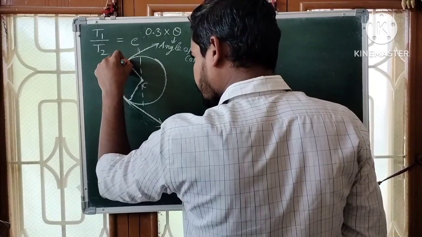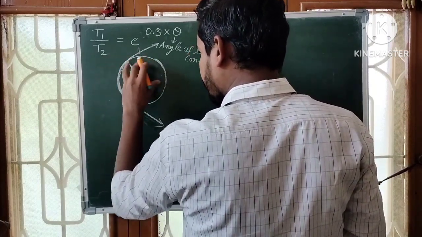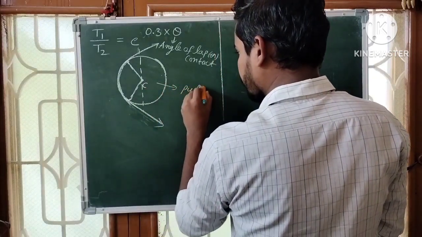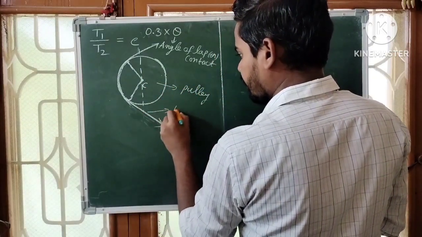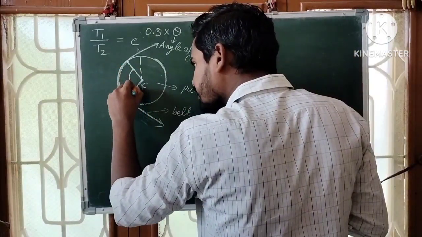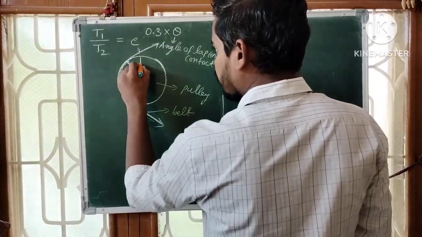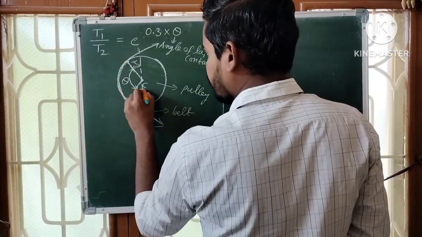So this is a portion of belt wrapped around this pulley, and this is the pulley and this is the belt. This angle is called the angle of contact, and this angle is alpha, and this angle is alpha.